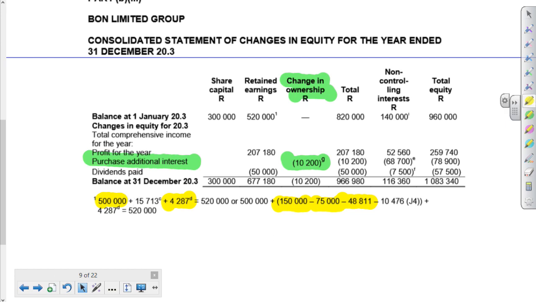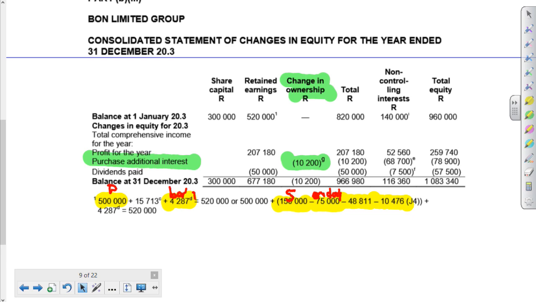So this is the NCI piece there. Okay. Or the other way around, which is 500 plus the 4 less the 15. Yeah, I probably would have done it like that. Parent plus sub. Parent plus sub on AC.